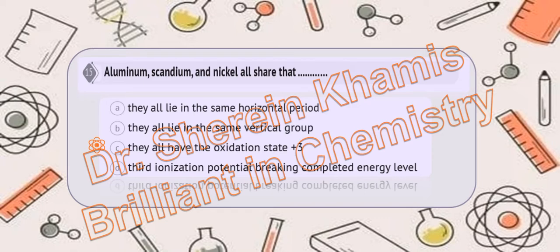It's a very important question, as nickel and scandium are transition elements whose most stable state is +3, but aluminium, which contains 13 electrons and loses 3 electrons, is not a transition element but a representative element. All of them share the oxidation state +3. Let's go to question 16.